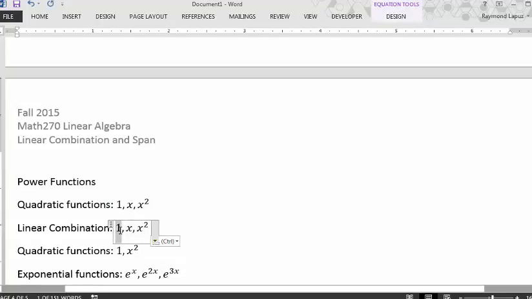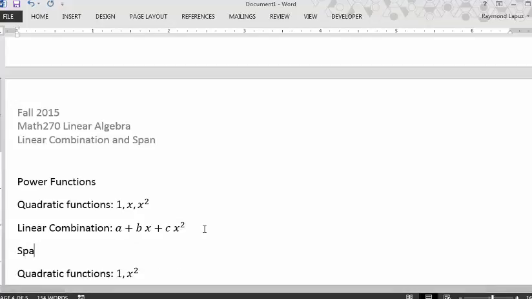So let's multiply 1 times A, and then we'll just multiply the second one times B and add it, and then multiply the third one times C. So regardless of how you write it, ax squared plus bx plus c, or in this case I happen to have written it backwards, a plus bx plus c x squared, this is a linear combination.